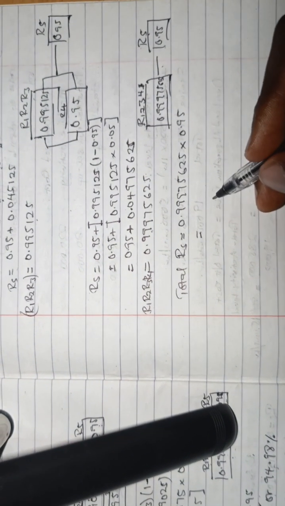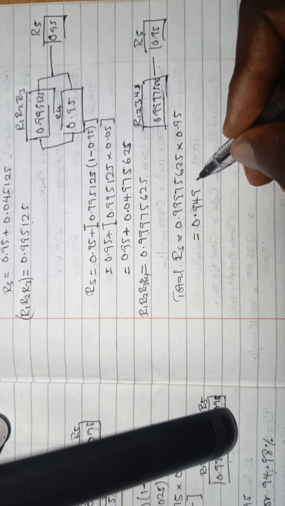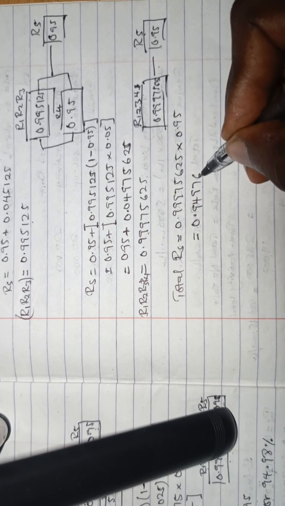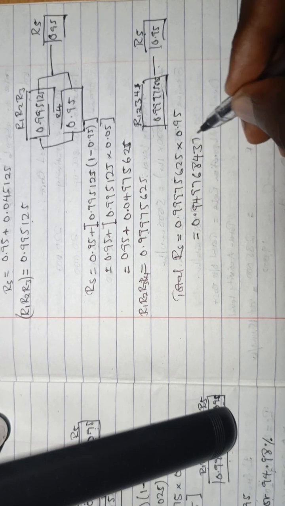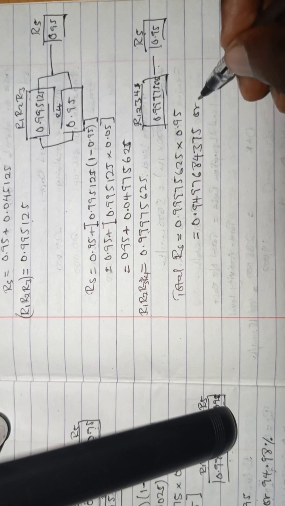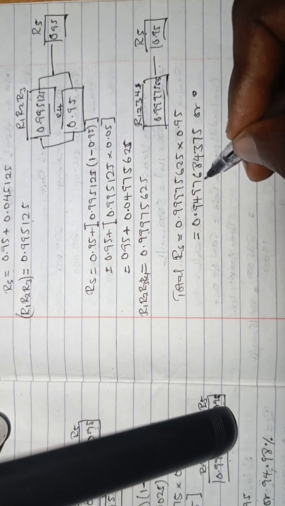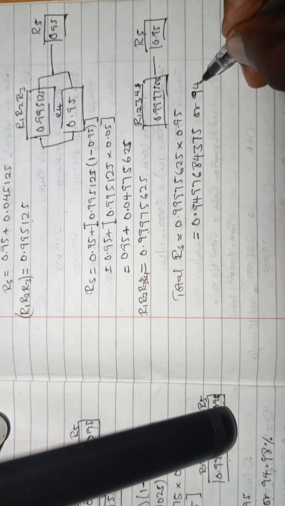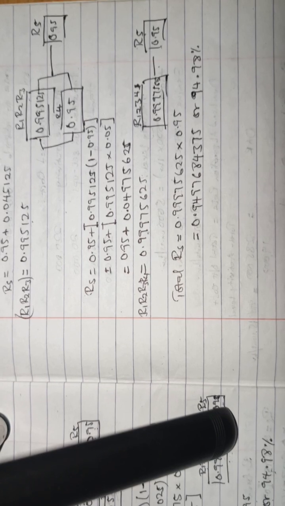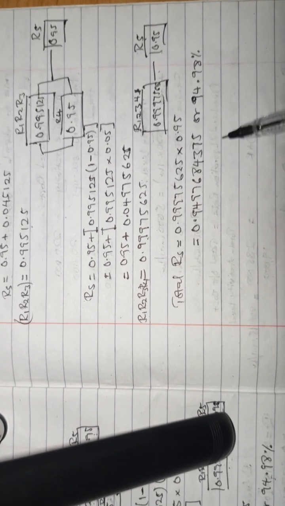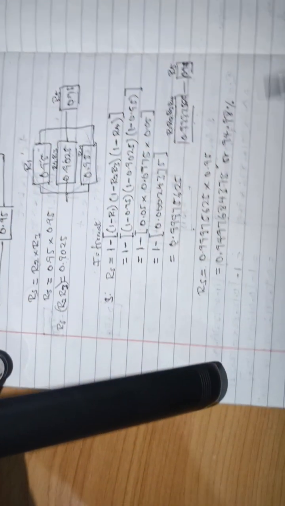Then your answer is going to be 0.9497684375, or you multiply that by 100, and you're going to get 94.98%. Do you get it? So you realize that this answer that we had is the same thing that we had here.